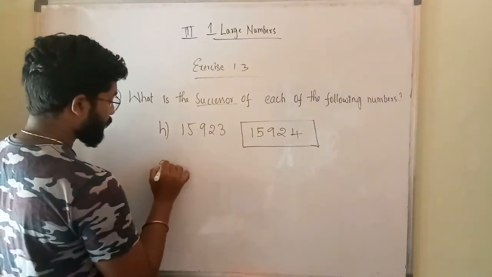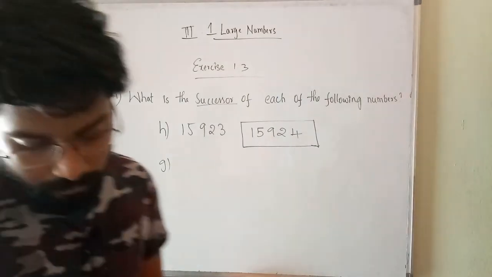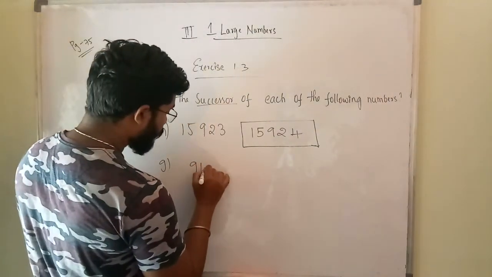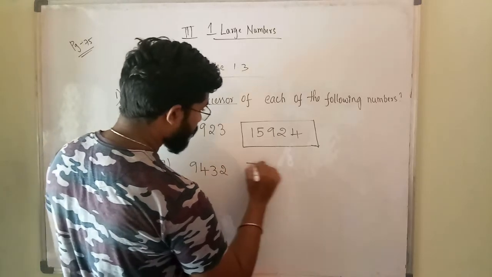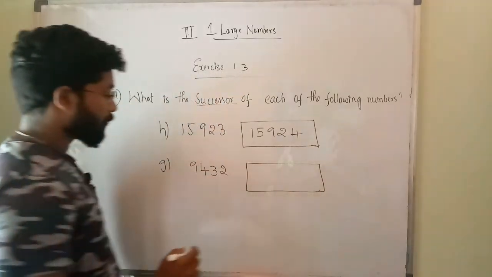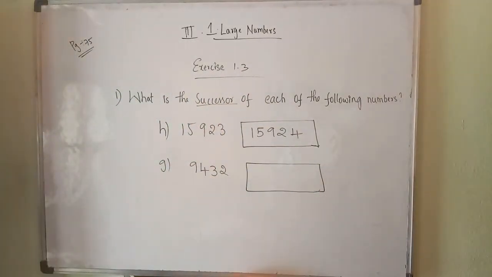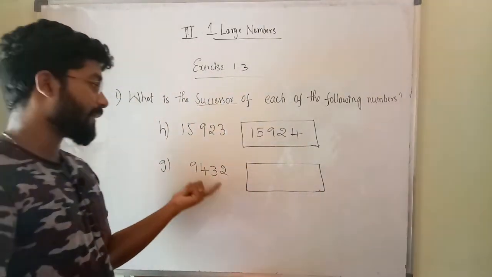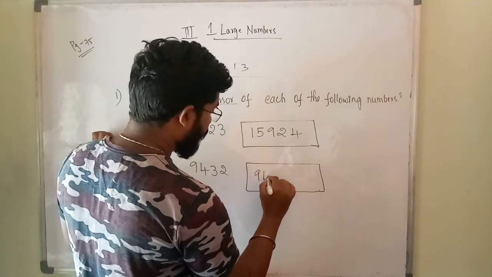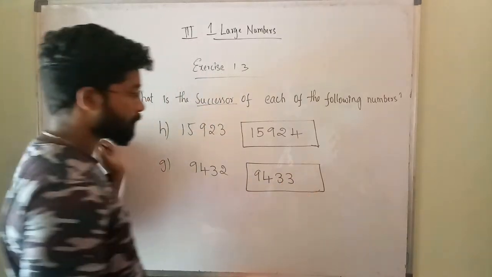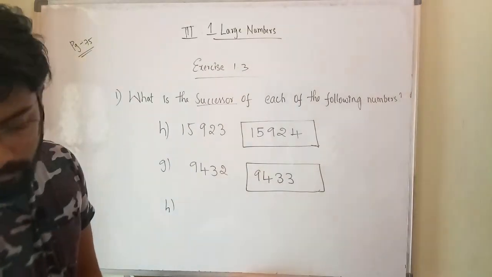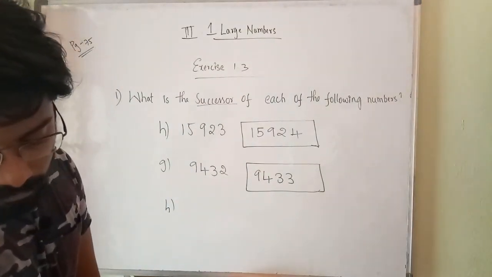Next one, 9,432. Clear? For this 9,432, what is the successor? 9,433. Clear? H, 38,265.